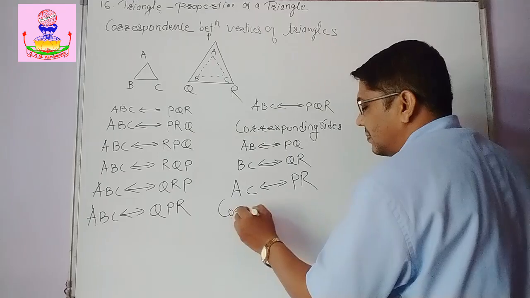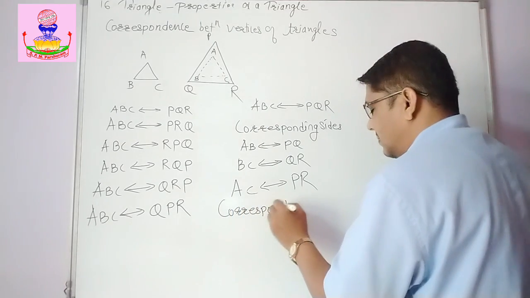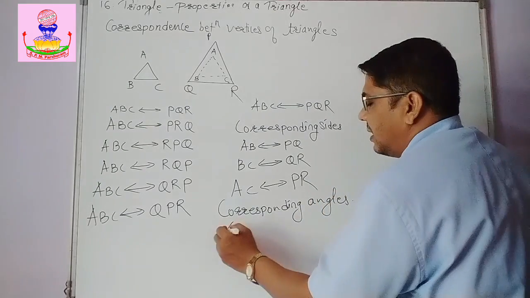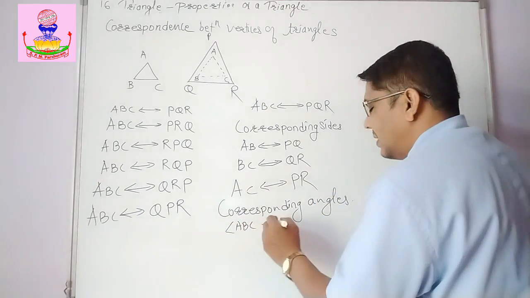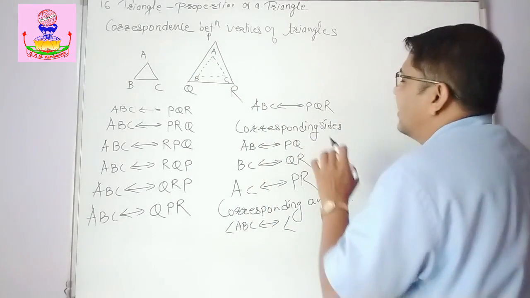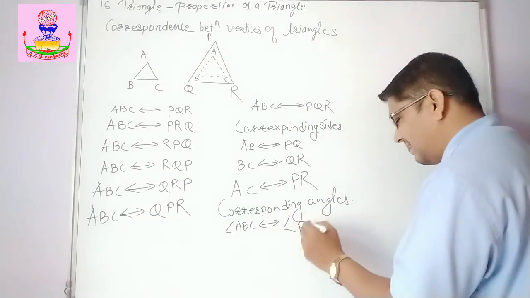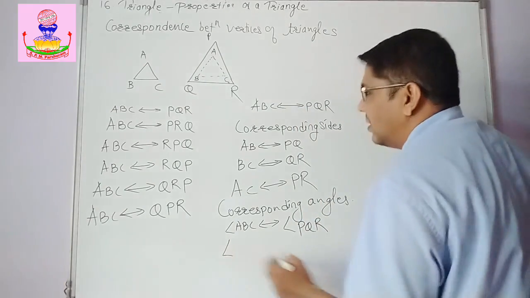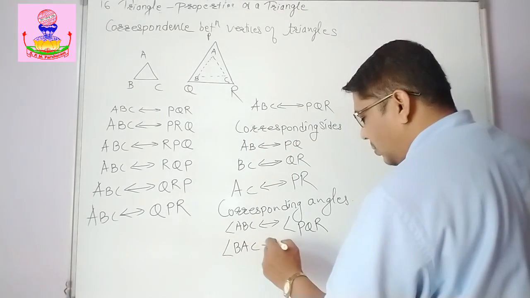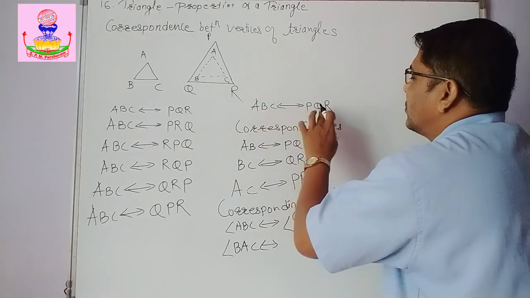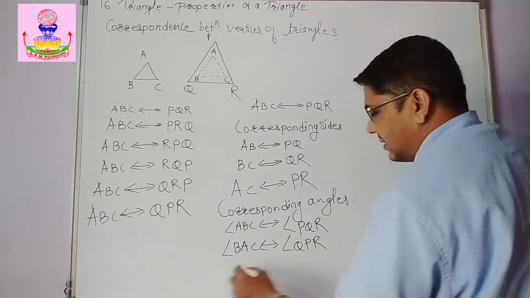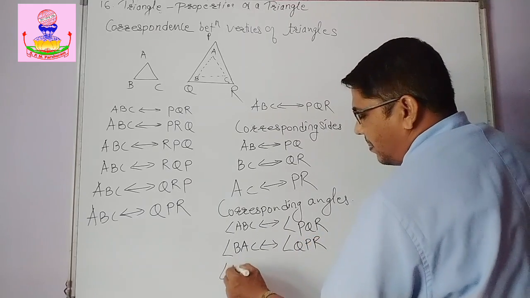We can write the corresponding angles. Angle ABC, that is angle B, is in one-to-one correspondence with angle PQR. Then angle BAC is in one-to-one correspondence with angle QPR.